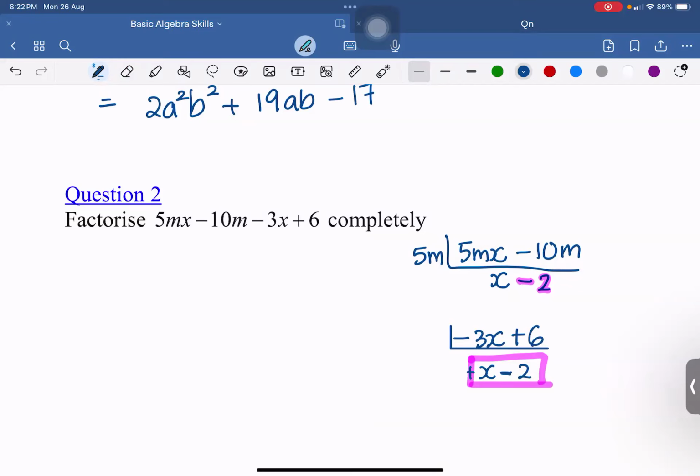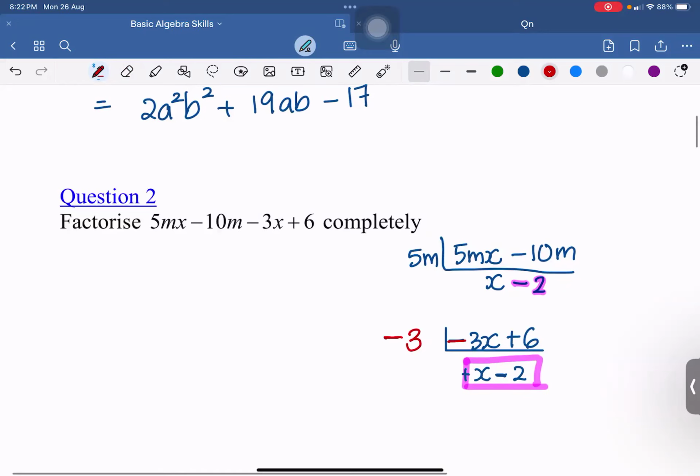What do I need to divide out? Divide by a positive number or a negative number? Negative number, so divide by negative 3. Negative divided by negative becomes positive. Wait, let me erase this.